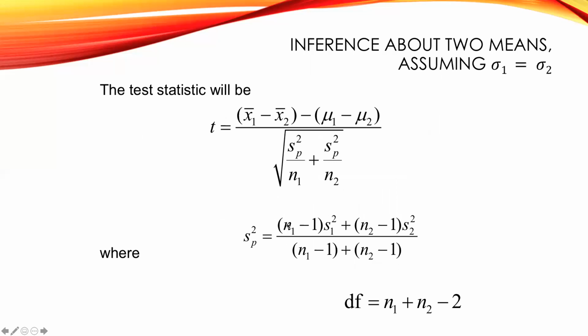The sample size of group 1 minus 1 times the sample variance of group 1, plus the sample size of group 2 minus 1 times the sample variance of group 2, divided by the total of both groups added together minus 2, which is the same thing as how you find the degrees of freedom. And again, we're using a student t distribution when we assume they're equal, but we don't know their values.